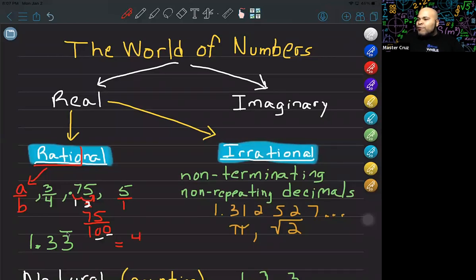Type in 4/3, and the answer will be 1.3333, which will keep repeating forever. So anytime that you have a repeating decimal, 1.25, 25, 25, or 1.11111, if it repeats and there is a pattern, this will absolutely be a rational number because it could also be written as a fraction.